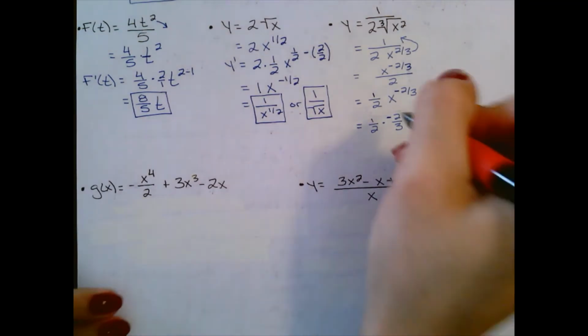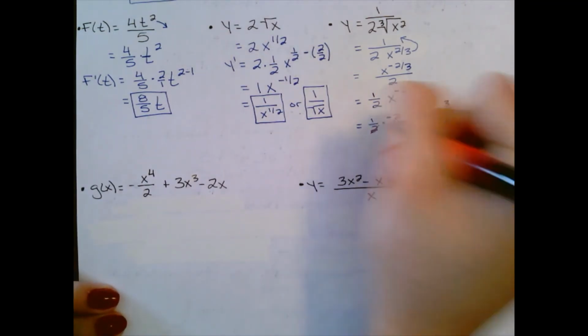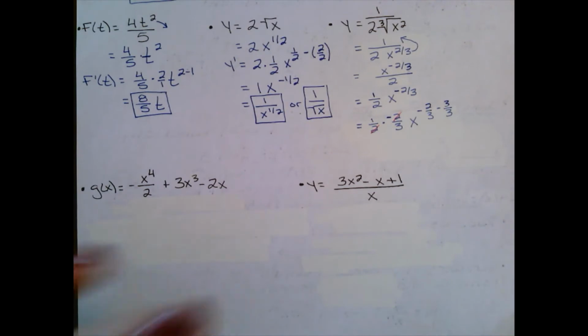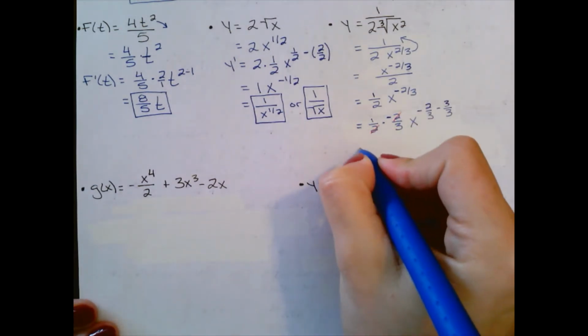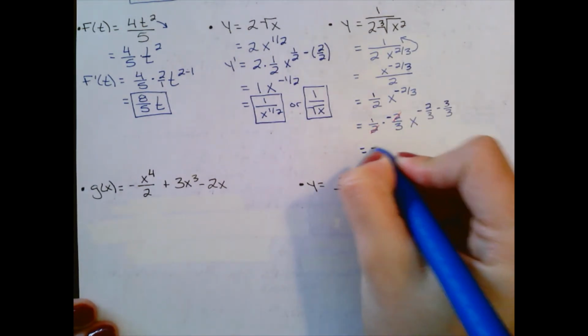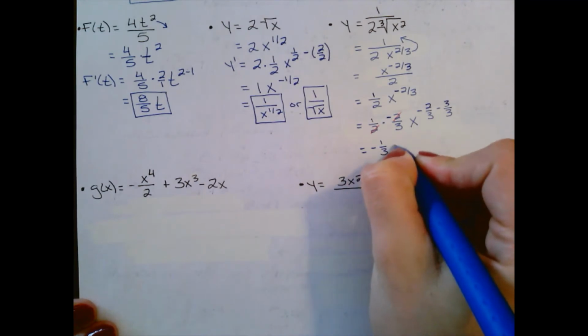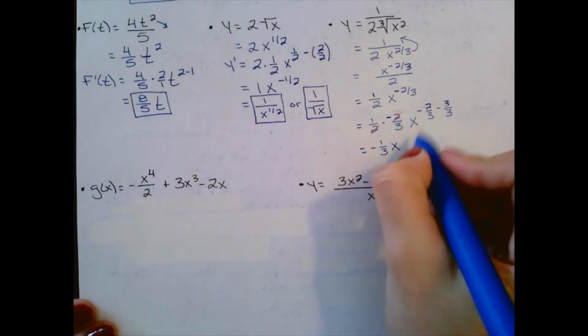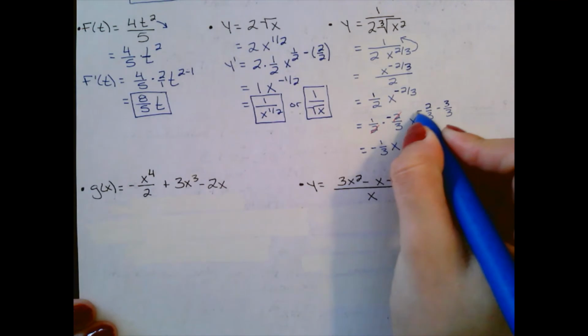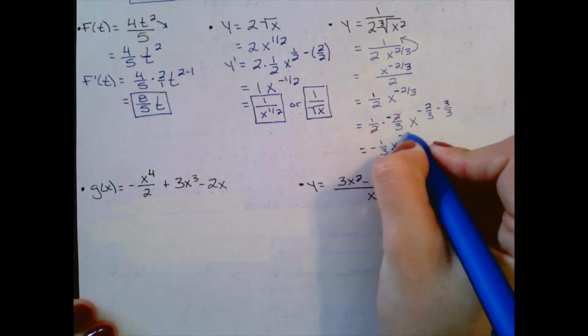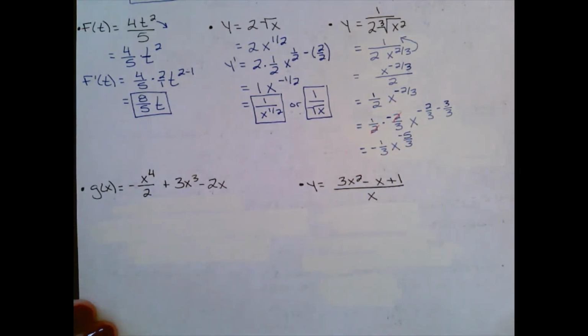So now you can see that these 2's cancel out, okay? And I'm going to be left with negative 1/3 x, and if I'm going to keep the common denominator of 3, and then I'm going to subtract negative 2 and negative 3, which make a negative 5, okay? Which, remember, in Cal, they always want you to leave the exponents positive.